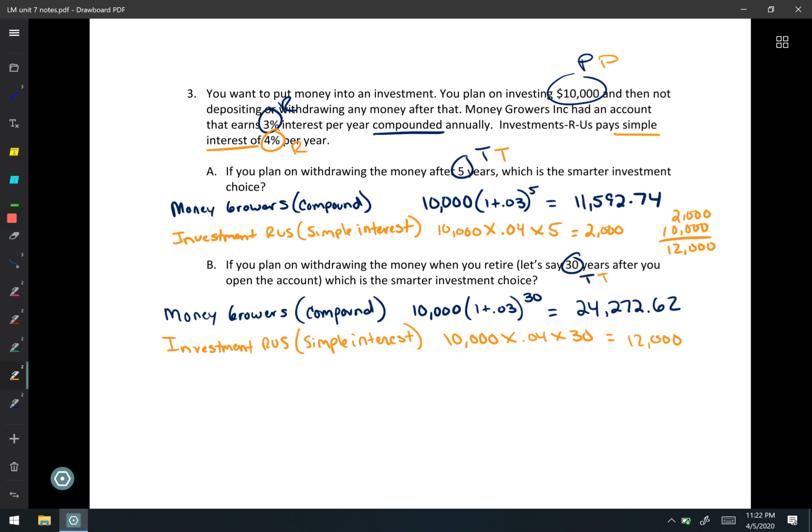Again, that's the interest only. Take the $12,000, add the principal, and you'll see that you only get 22,000. So which is the better option here? Money Growers. So when it's all said and done, up here is your better option for 5 years. Down here is a better option for 30 years. Hopefully you see why. Okay.